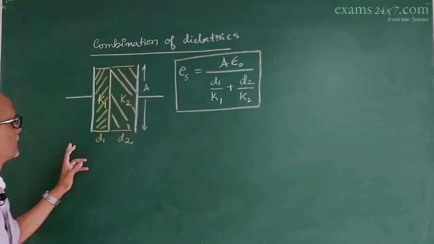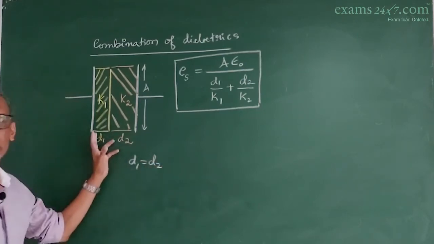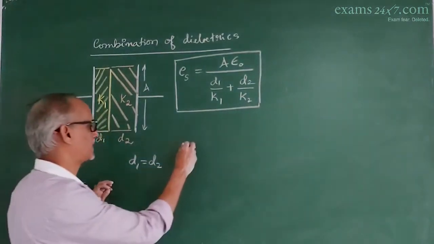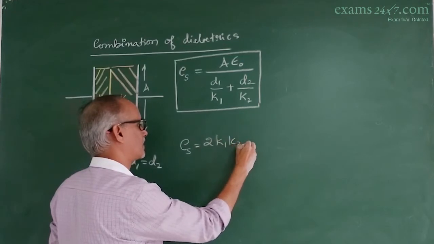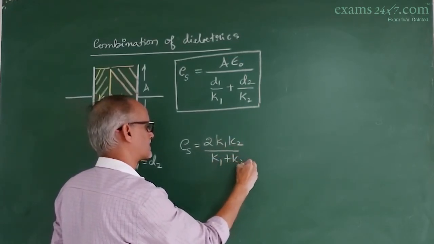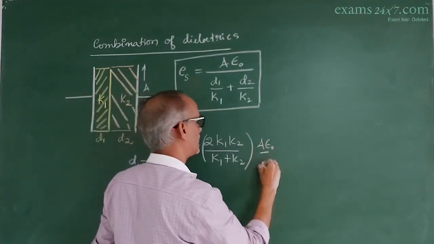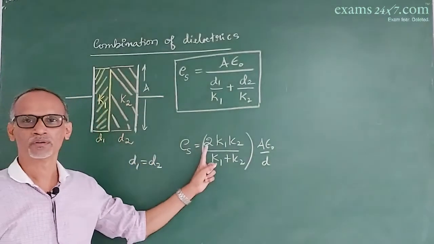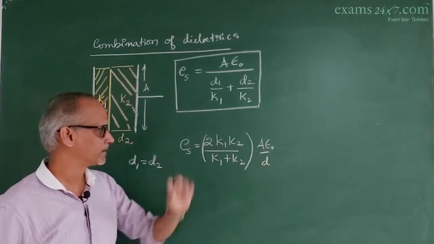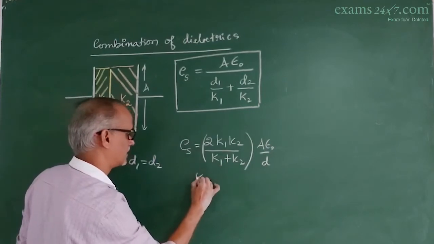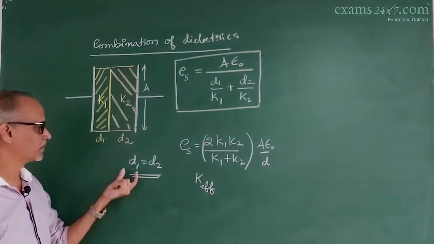Suppose d1 is equal to d2, they are identical in dimension, then the effective capacity CS is equal to 2 K1 K2 by K1 plus K2 into A epsilon naught by D. That's only if both are of the same thickness, only if D1 is equal to D2.